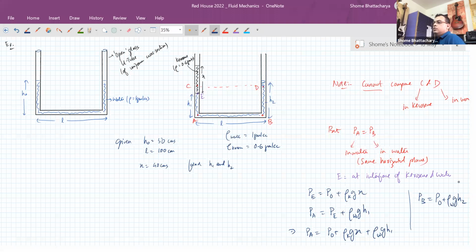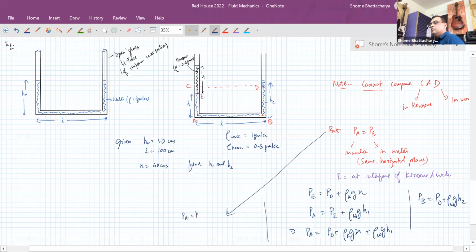So now implementing this relation from here, we'll get that density of kerosene into g into X plus density of water into g into H1 is density of water into g into H2.